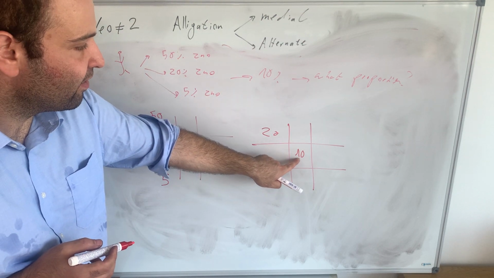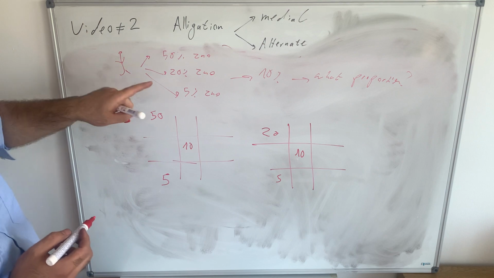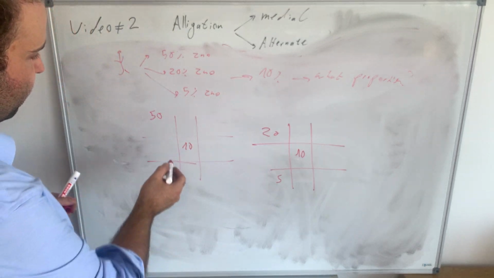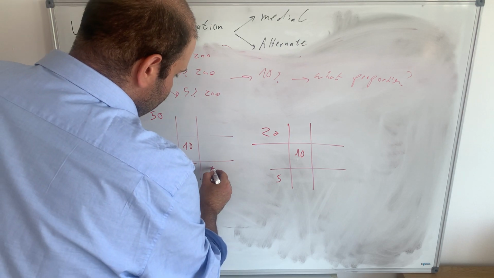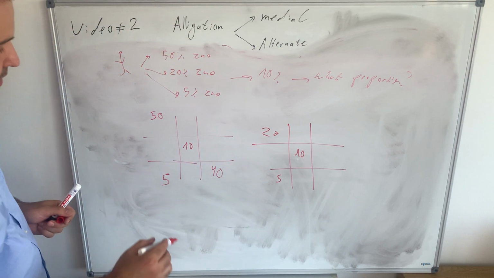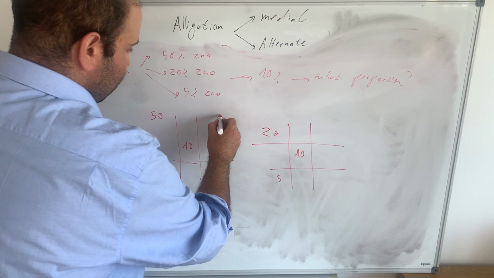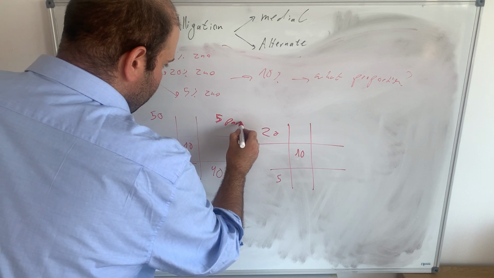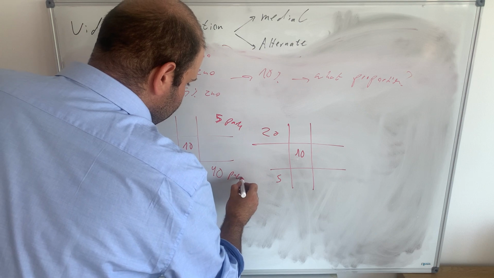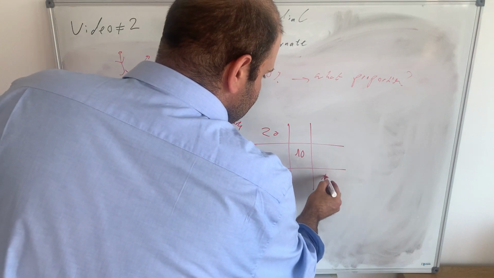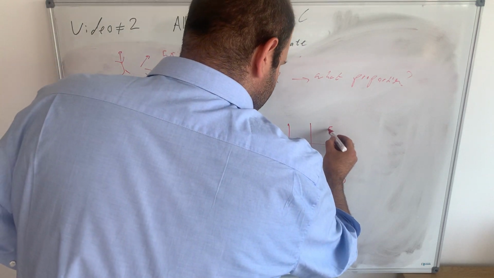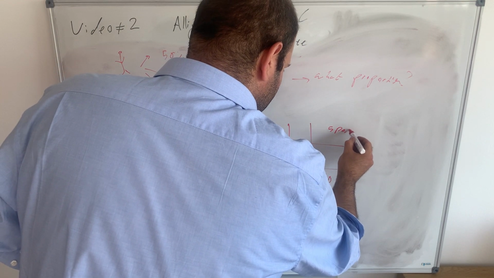And our desired concentration, what this pharmacist is looking for, is 10%. So 50 minus 10 is 40, and 5 minus 10 is 5 parts. 20 minus 10 is 10 parts, and 5 minus 10 is 5 parts.